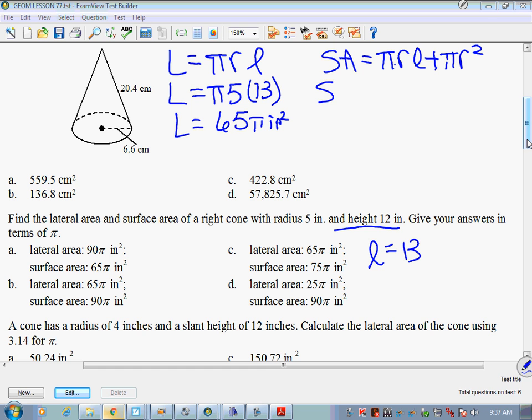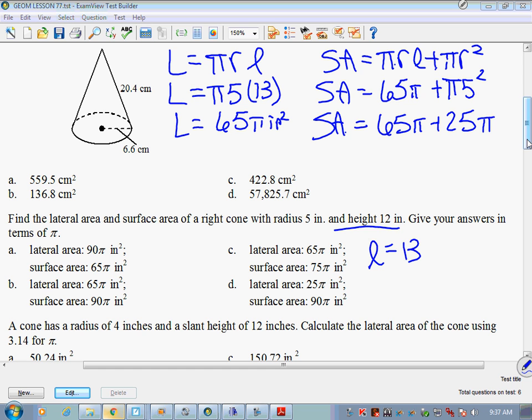So we already know this part over here is 65 pi plus, that's still 25 pi, so pi 5 squared. What's 65 plus 25? So we get 90 pi inches squared.